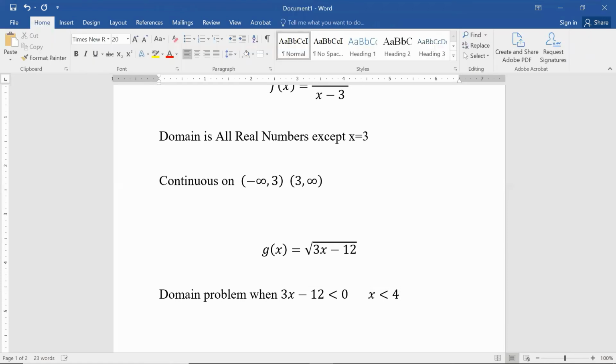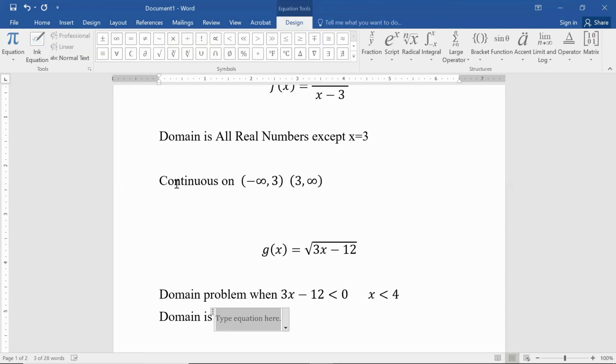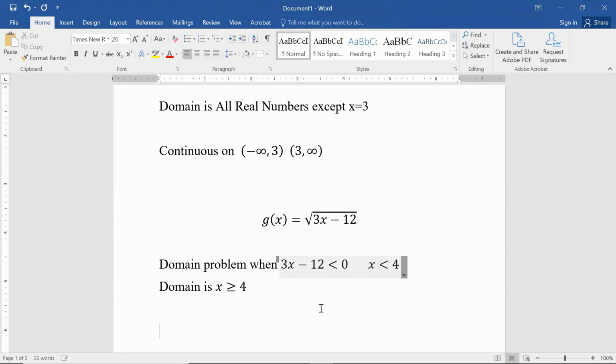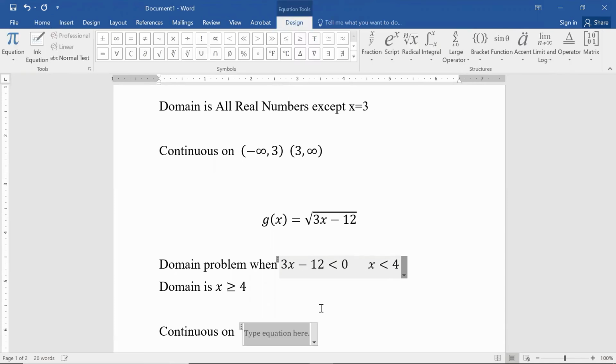We can rephrase this to just say that means the domain is when x is greater than or equal to 4. So the domain is fine when you plug in 0 and above into a square root function. So we would say we are continuous on the interval from 4 to infinity, because that's our domain.